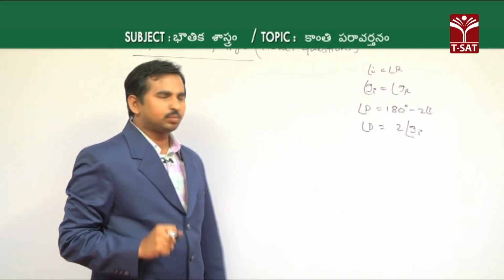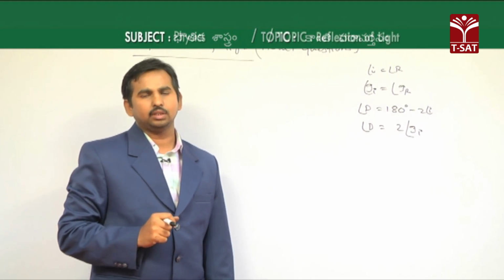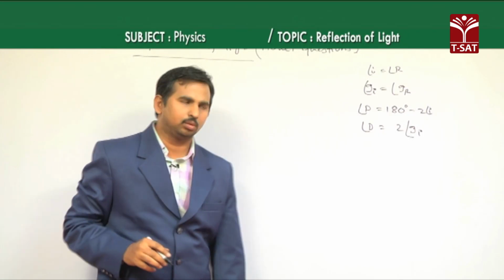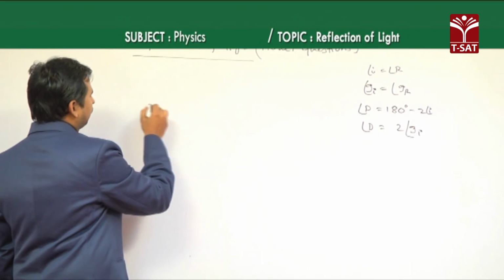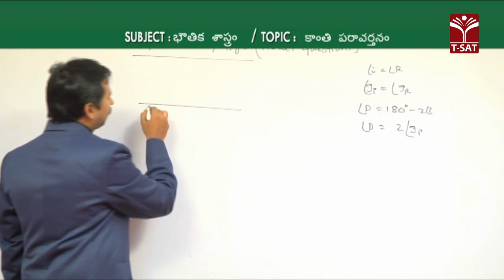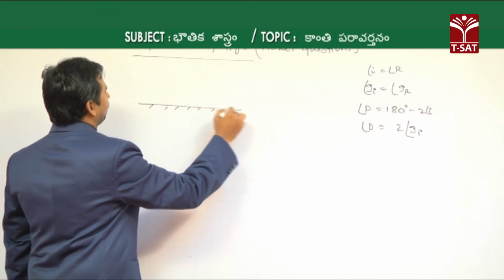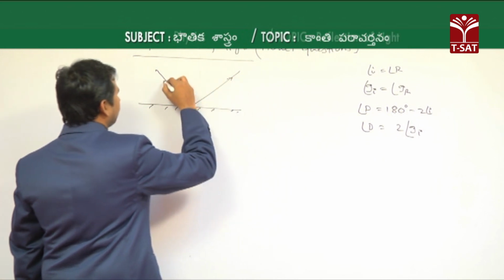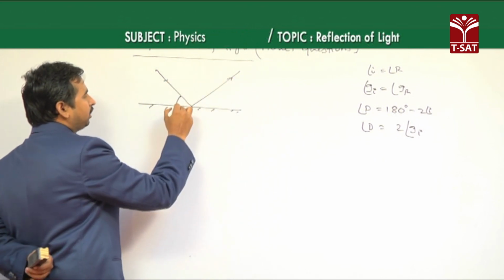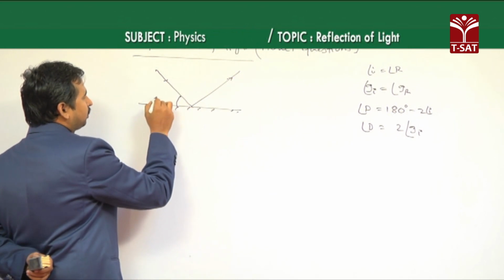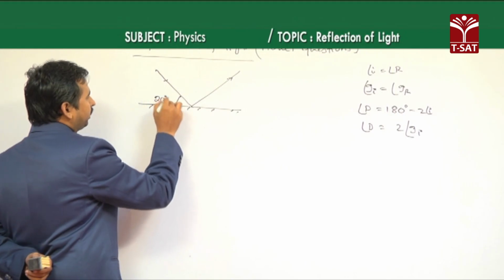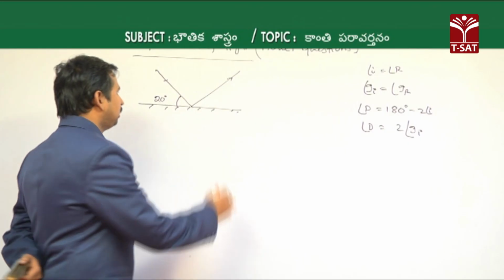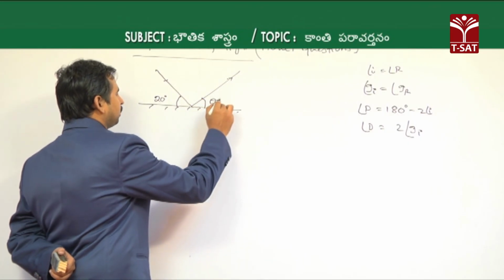These are the relations between the angles in different cases when you are using plane mirror reflection. For example, you will get a question like this. Consider a plane mirror, and suppose a ray of light is incident on it and reflects back. The angle given is 20 degrees, and you have to find this angle theta.